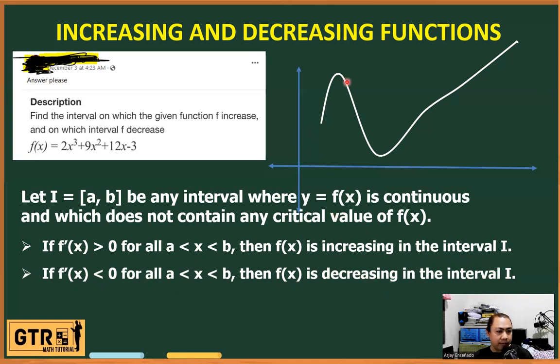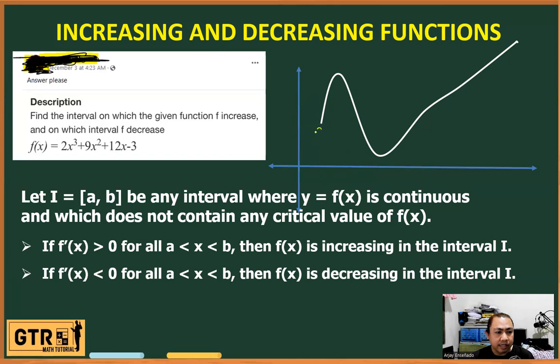So if we have the graph of the function given, we can easily see the interval for which the function is increasing or decreasing. Increasing if the graph rises from left to right.